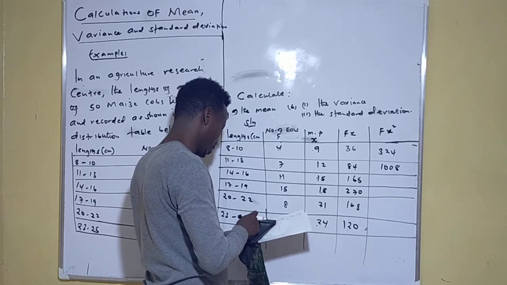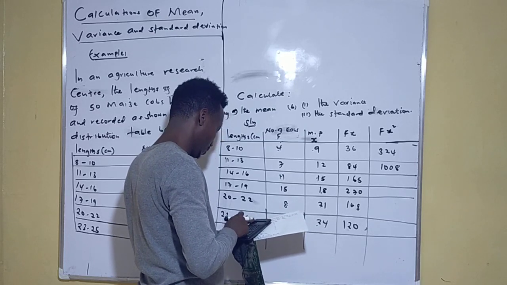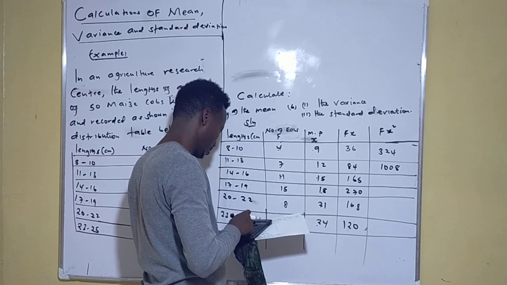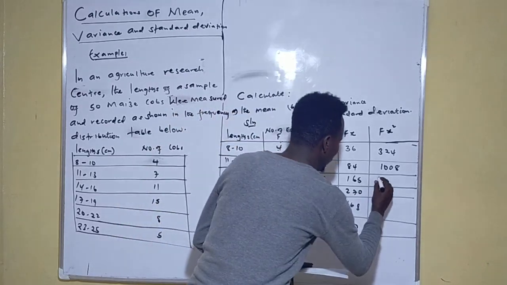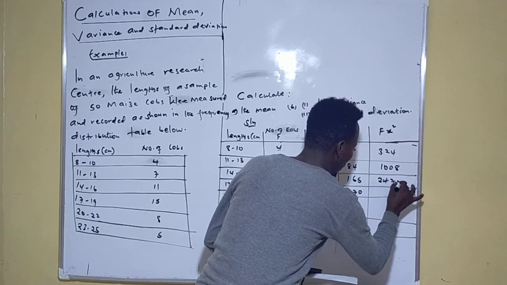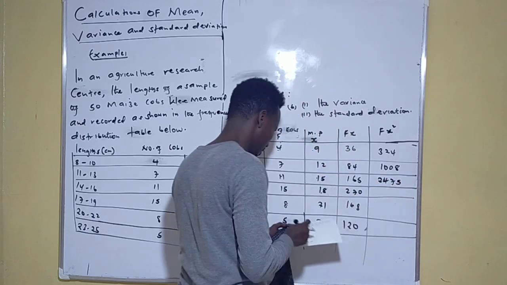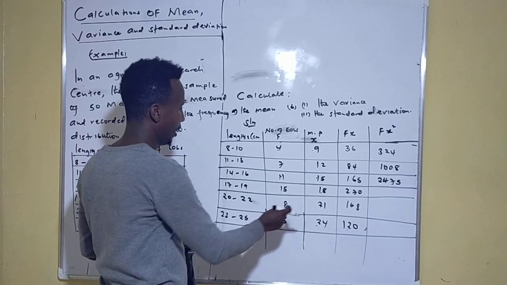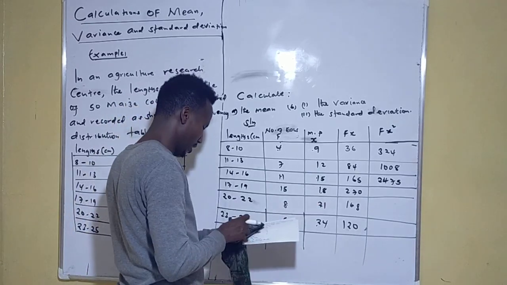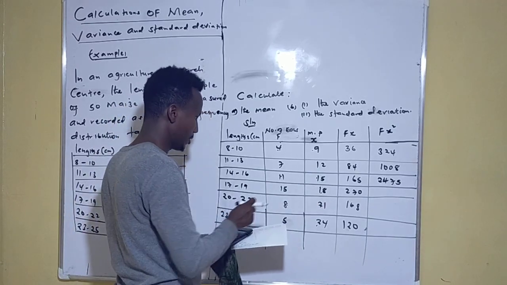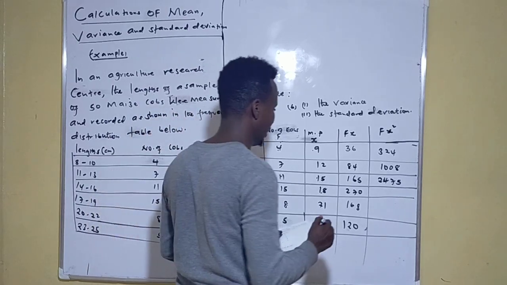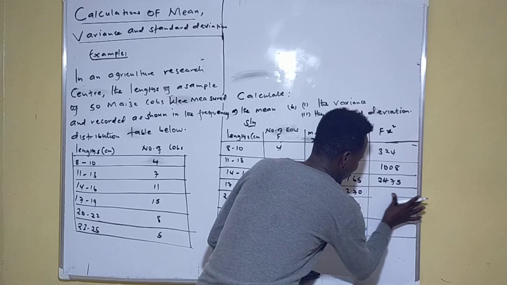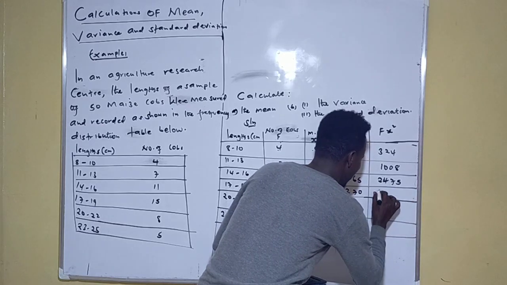15 squared times 11 will give you what? 2475. Just understand this thing. Then we'll have 18 squared is 324 times again 15. That will give us 4860.